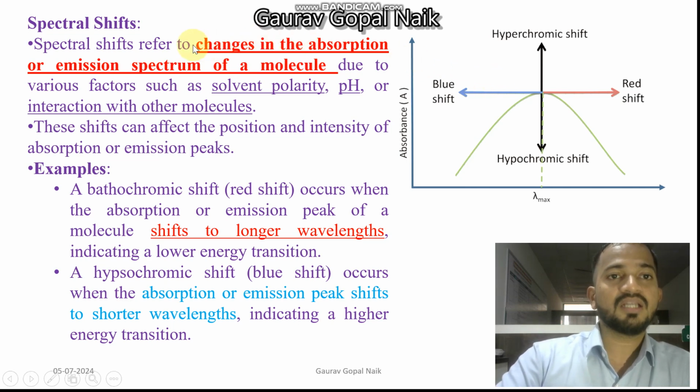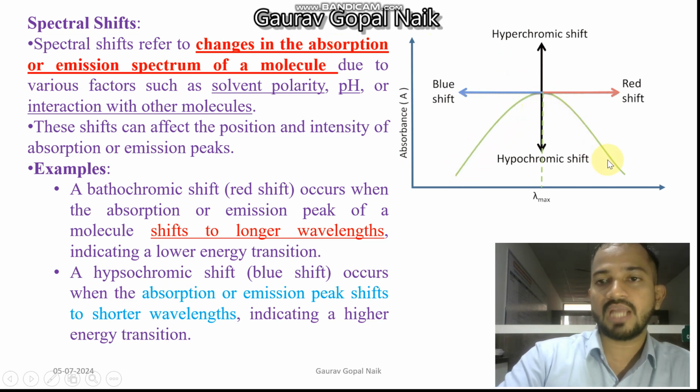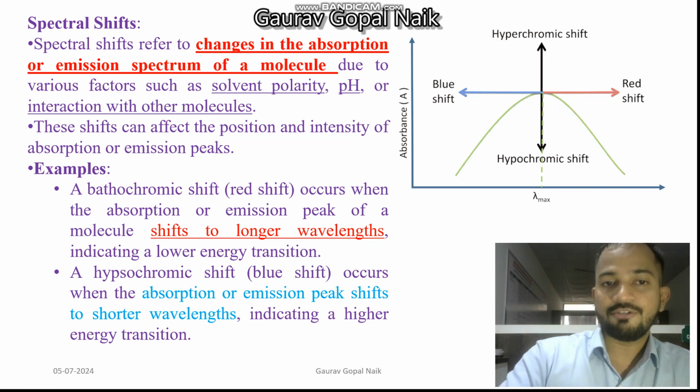Coming to spectral shifts. Spectral shift refers to the changes in the absorption or emission spectra of a molecule. This may be due to the solvent polarity or pH, or it can be due to the interaction of other molecules. If there is a shift to the longer wavelength, we call it bathochromic shift or red shift.